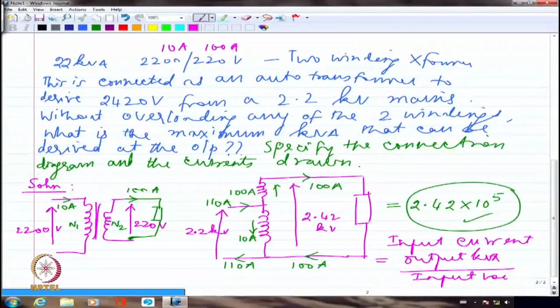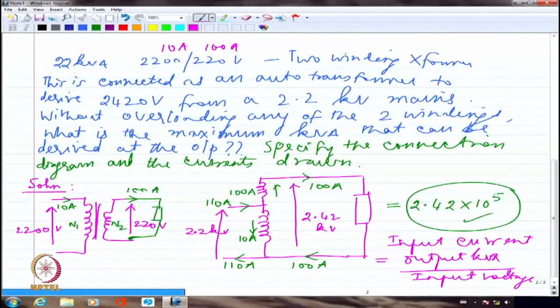Right? So output kVA is 2.42 into 10 power 5. That divided by 2200 will automatically give me what should have been the input current if I want this as my output kVA, which is same as input kVA. So this gives me 110 amperes directly. So 110 amperes I am supplying from the source.